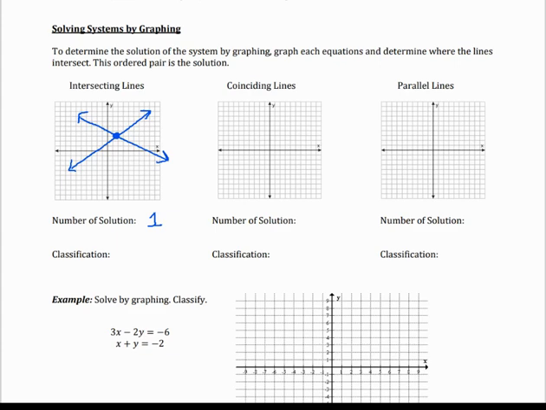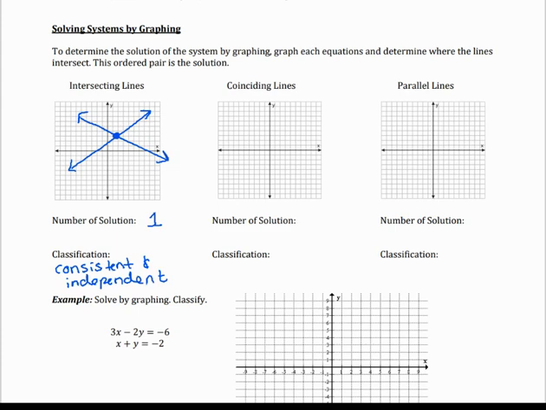We also have some vocabulary to go along with that. When we have one solution and the lines are intersecting, we call that a consistent and independent system. We're consistent in the fact there's a solution, but we're independent because the lines differ from each other.